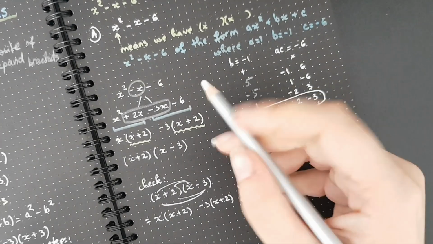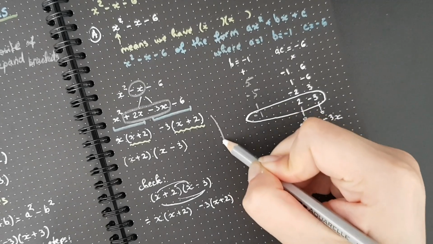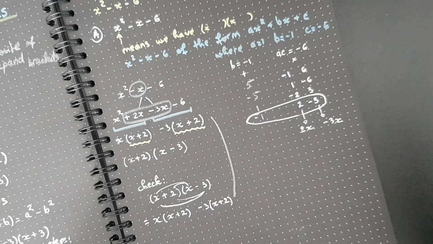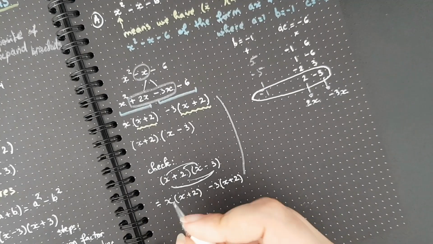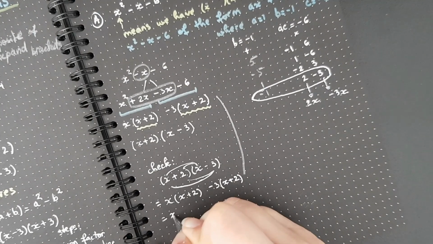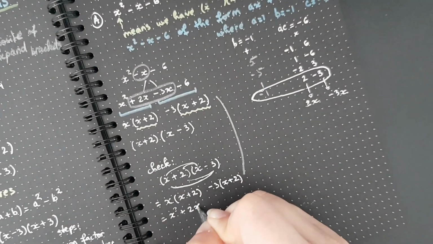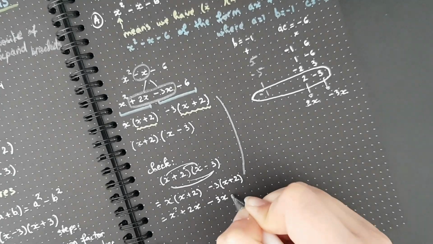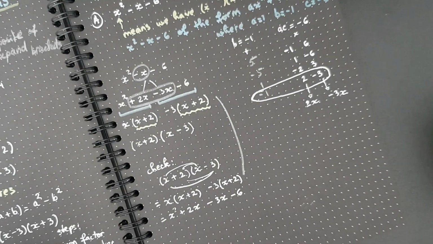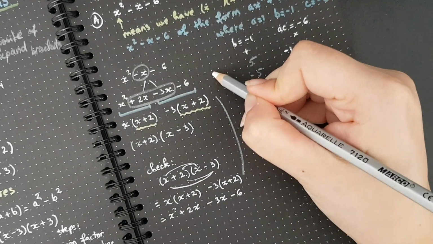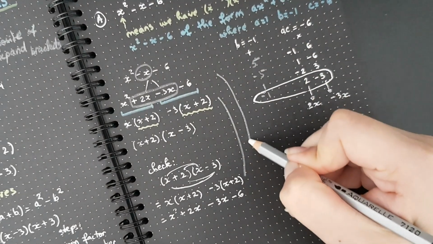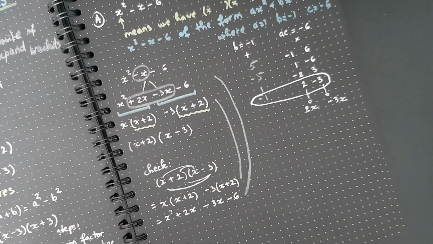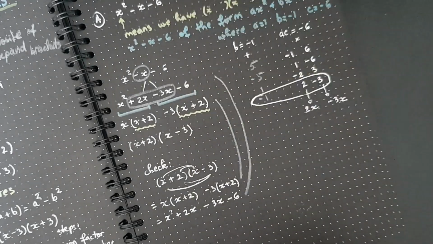Surprise! This is exactly this step. It's exactly the same thing that I'm doing. So I go x squared plus 2x minus 3x minus 6. So again, this is exactly this step. It's exactly the same thing, just the other way around.